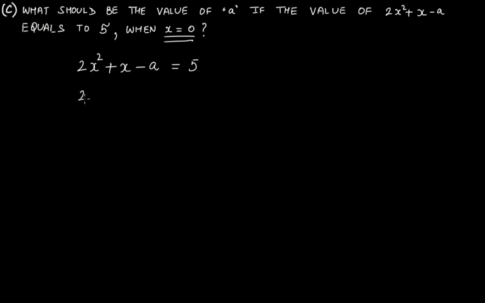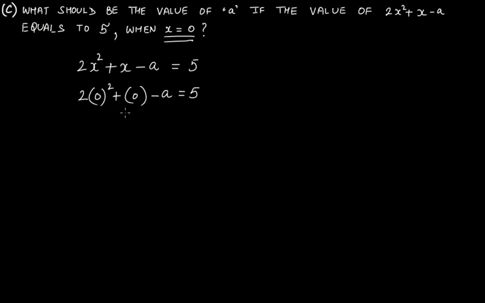So let's put this: 2 times 0 squared plus 0 minus a is equal to 5. We have put x equal to 0 because it says the value of this expression is 5 when x is equal to 0.